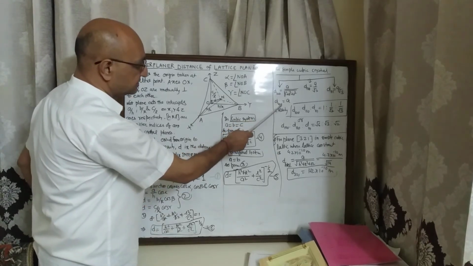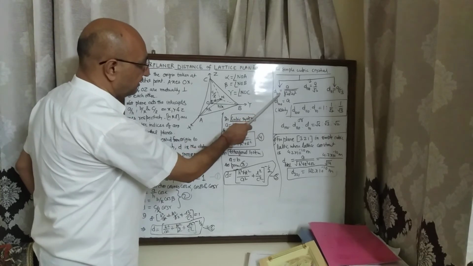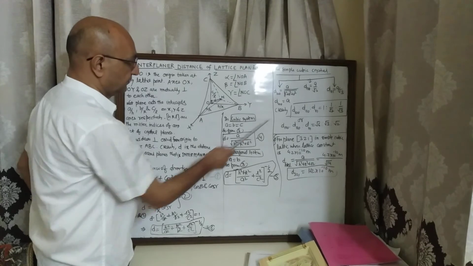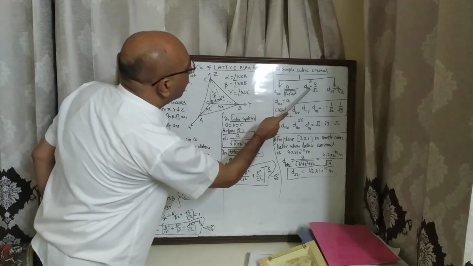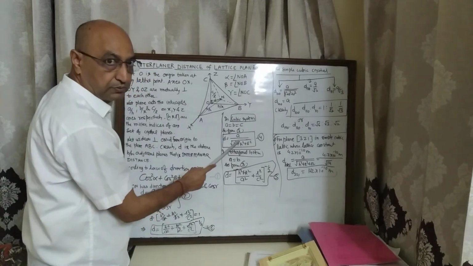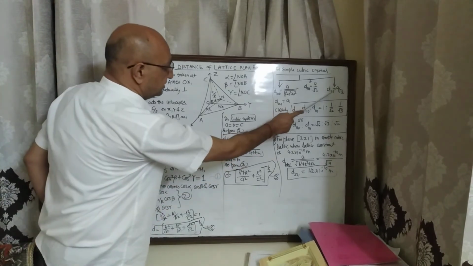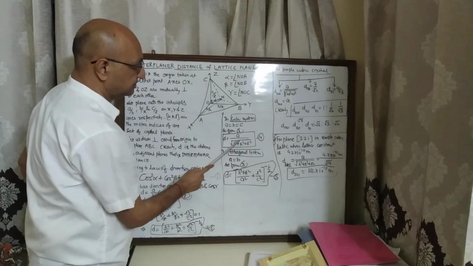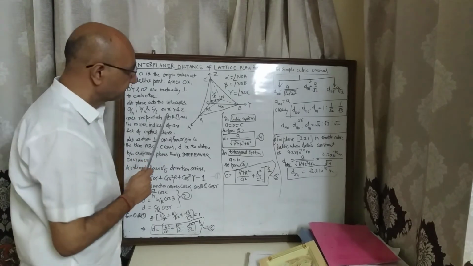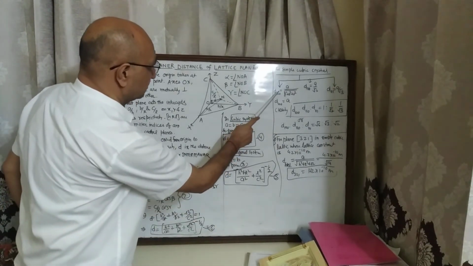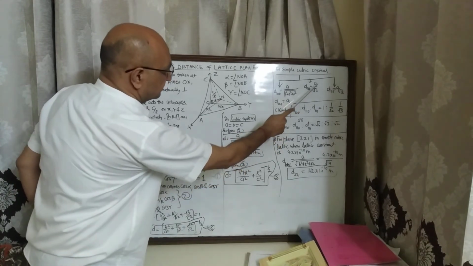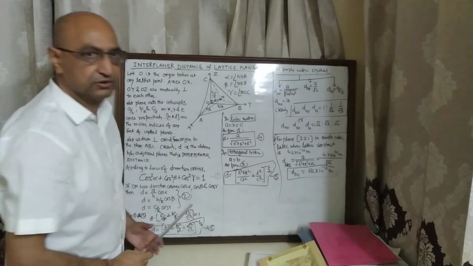Putting these values in this formula, for 100, d100 is a, d110 is a by root 2, and d111 is a by root 3. So this to this is 1 by root 2 and 1 by root 3.